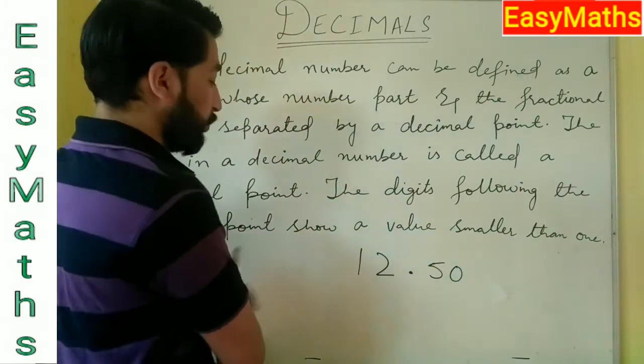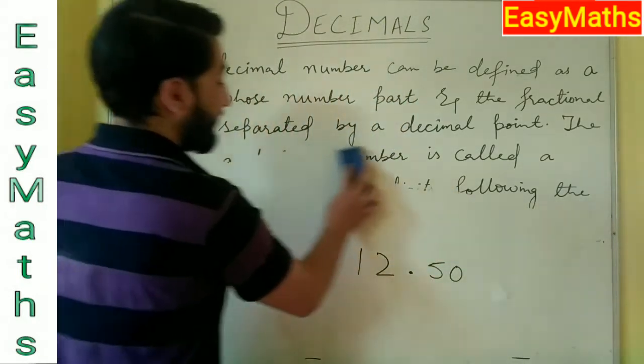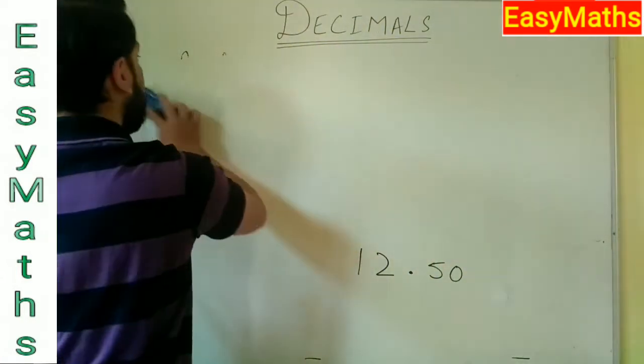We usually read it as 12.50, but that is not the correct way of reading this decimal number.